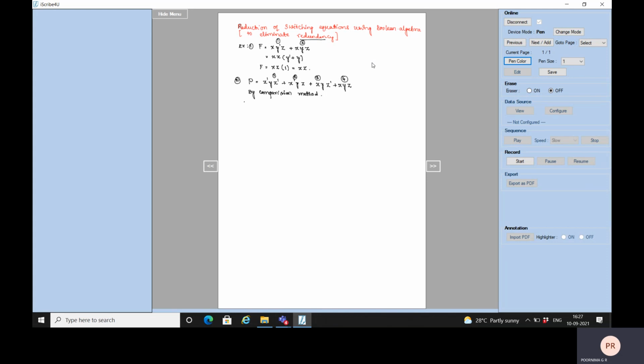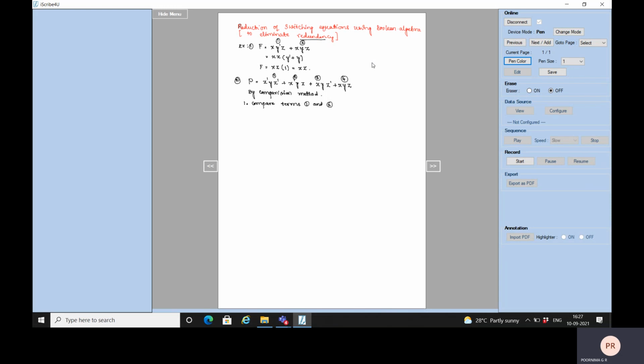If you go for the first step, the process is as follows. Compare terms 1 and 2.